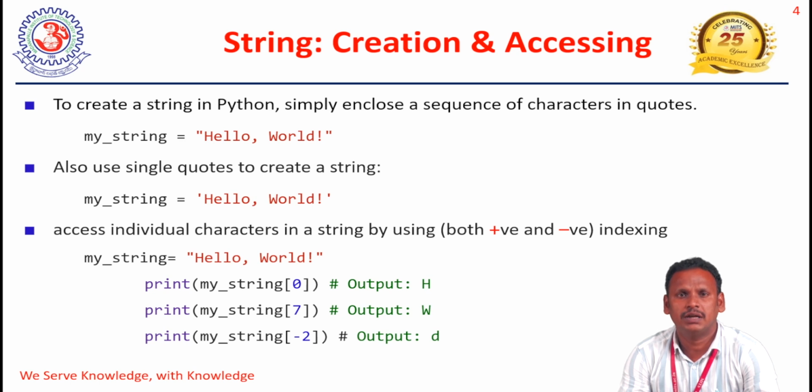Here the character h is stored, so the output will be capital H. And then my_string[7], at the 7th index, W is stored. That's why it will print W. Next, negative indexing. In the example for negative indexing, it is from right to left, so -1, -2. At -2, we have D. So it will print the character D.